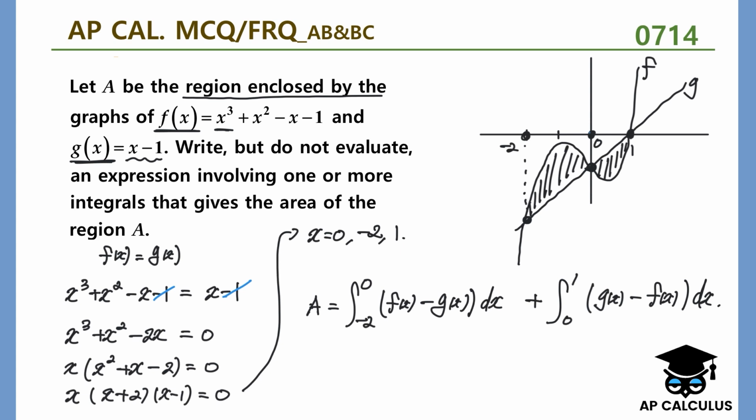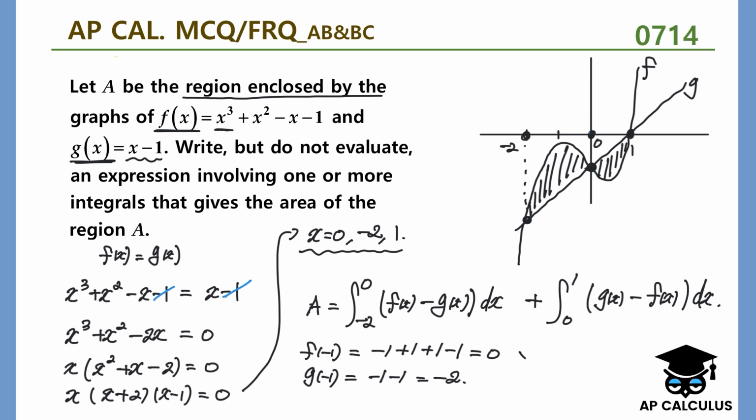Here I have a question for you. Is it possible to know which curve is upper curve and which curve is lower curve without drawing a graph? Yes, we find our intersections first and then substitute a value between 0 and -2, let's say -1. So f of -1 is equal to -1 plus 1 plus 1 minus 1, right? That is equal to 0. G of -1 is equal to -1 minus 1, that is equal to -2, right?